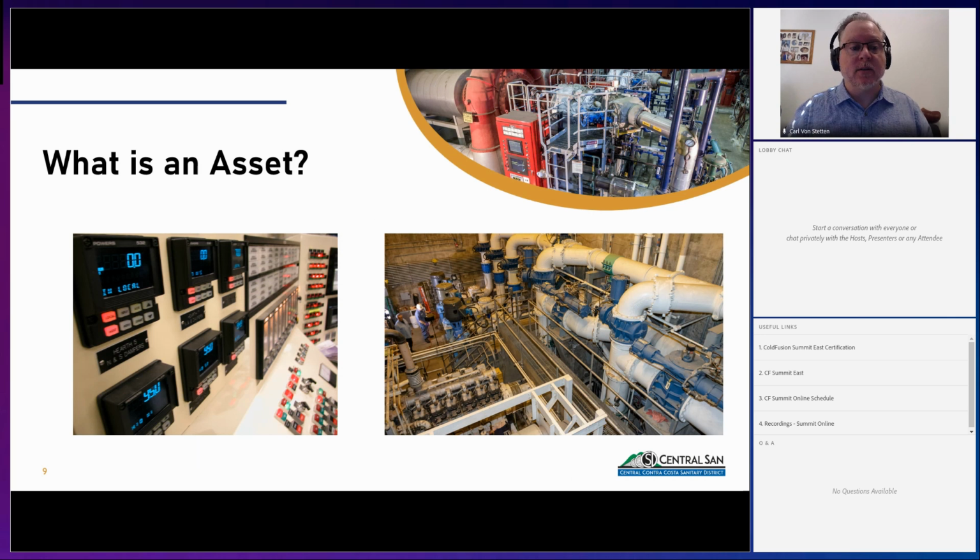Those are all assets. Our control systems on the lower left that we use to maintain our treatment plant and keep it running. And on the right, we see one of our pumping stations with the pumps and piping and valves. There's instruments and sensors in there. All of those things are considered assets.